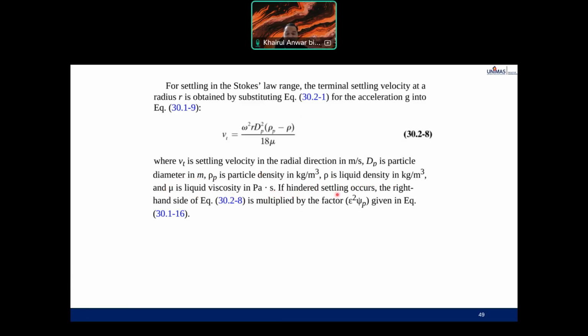If hindered settling occurs, the right hand side of equation 30.2-8 is multiplied by the factor epsilon squared, epsilon p given in equation 30.1-16.